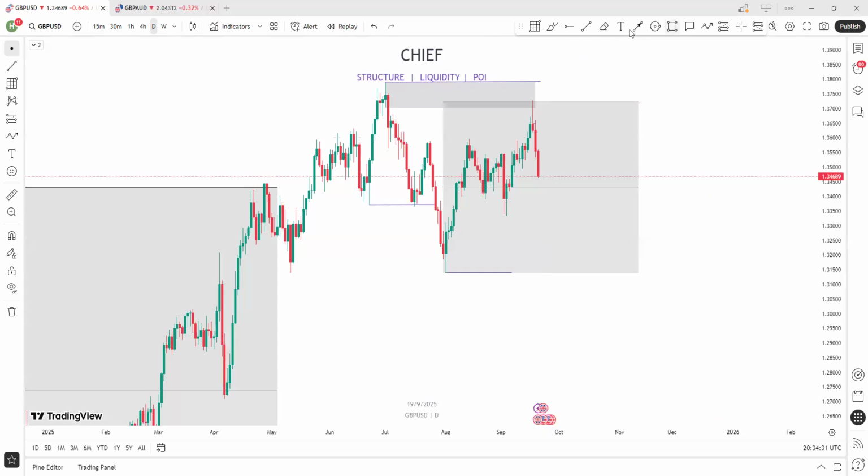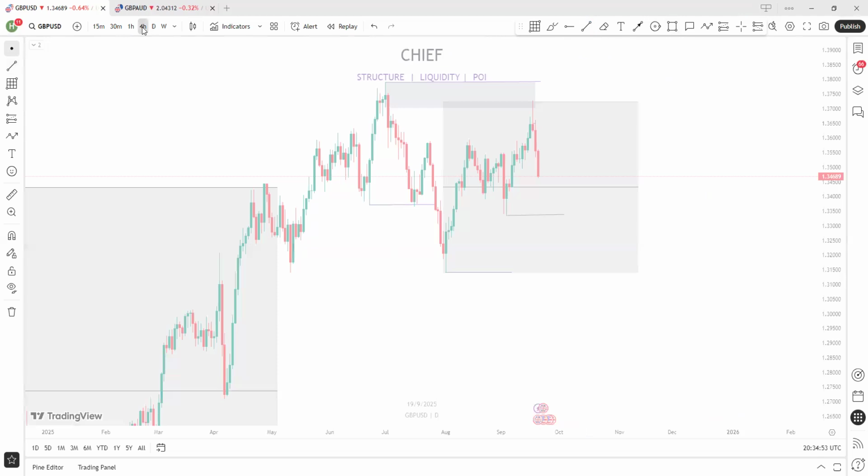Before I will buy at all, the market must sweep this low. It must sweep that low before I will buy. It's as simple as that. If it did not do that, I'm not entering. That's it.